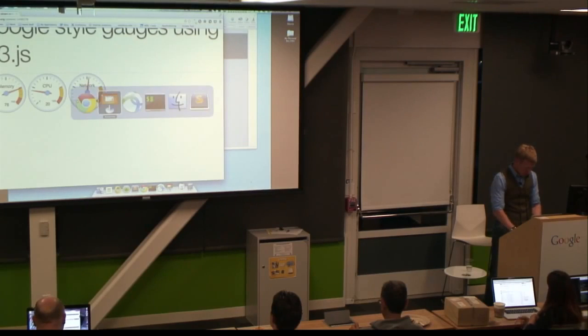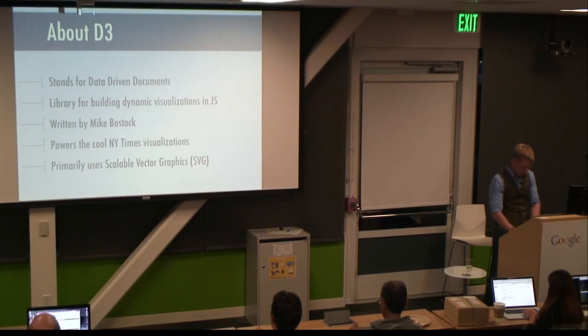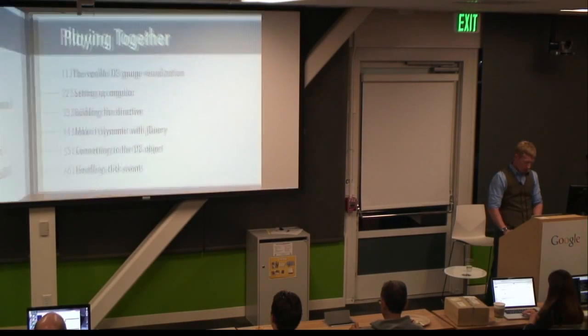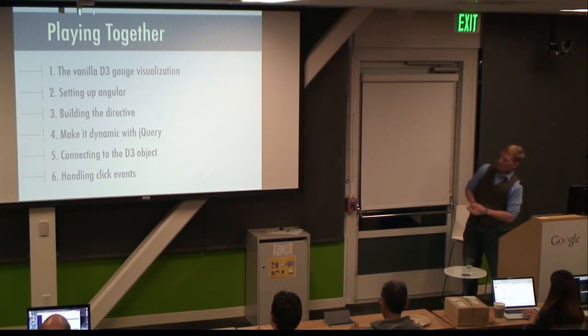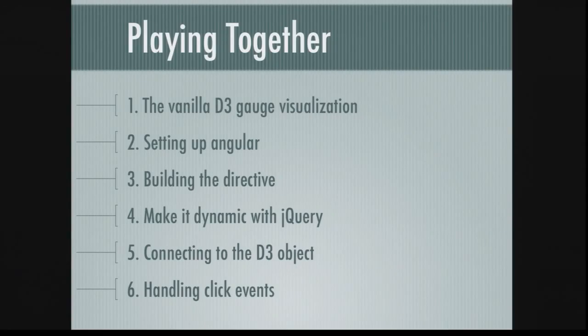All right, so that's cool. So here's how we're going to get D3 and Angular to play together. And I'm going to go through this in super slow steps. We're going to first start by looking at the D3 code itself. Then we're going to set up a very simple Angular app. You guys are all going to be very familiar with how that's done. We're going to build a directive.